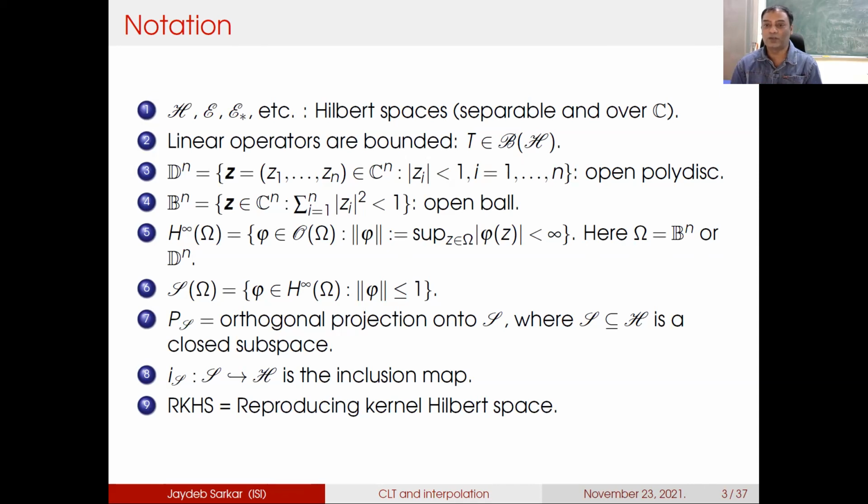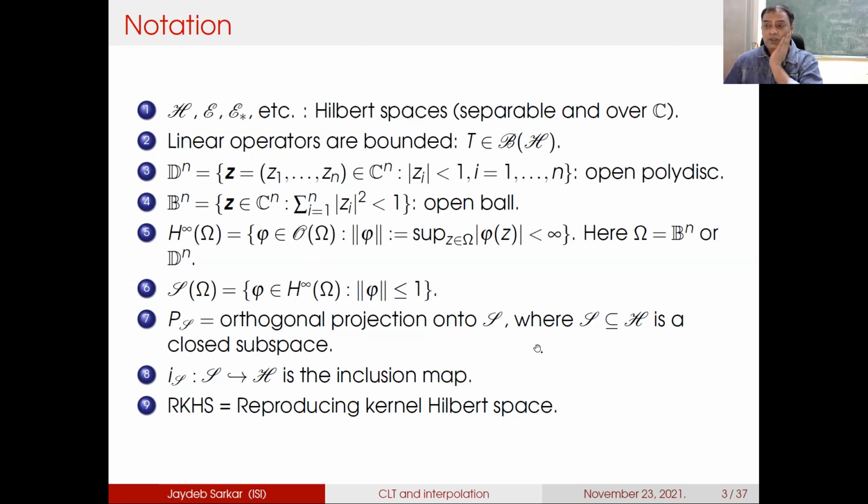Perhaps we will not have a chance to talk about one variable, but even if you want to talk about H infinity of D, that's a very, very wide object, and lots of important questions are still open. However, we'll talk about several variables. And number 6 is the Schur class. So look at all those functions which are bounded by 1 from H infinity of omega.